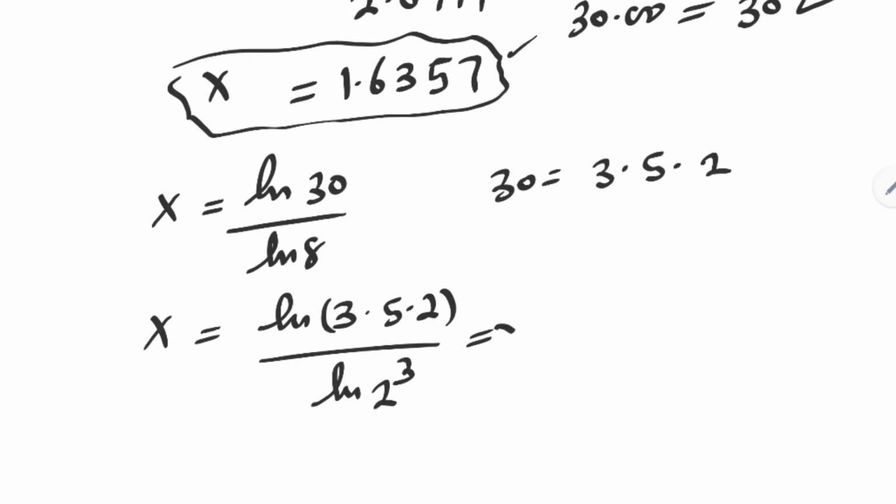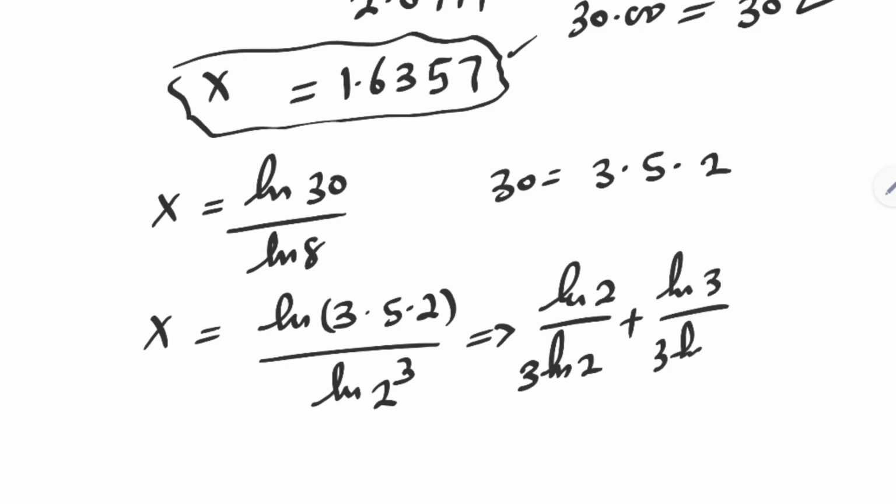This is the same thing as ln of 2 over 3 ln of 2 plus ln of 3 over 3 ln of 2 plus ln of 5 over 3 ln of 2.